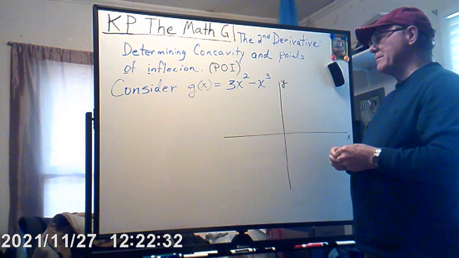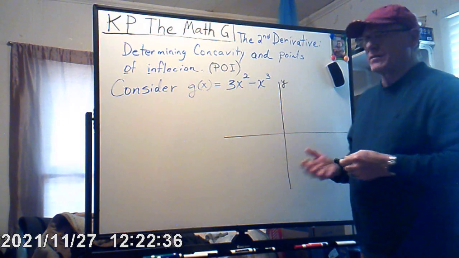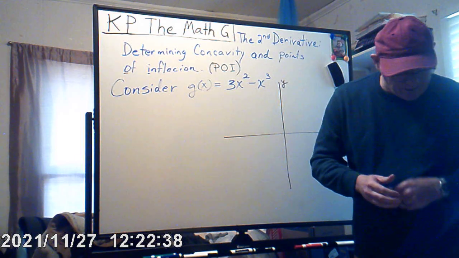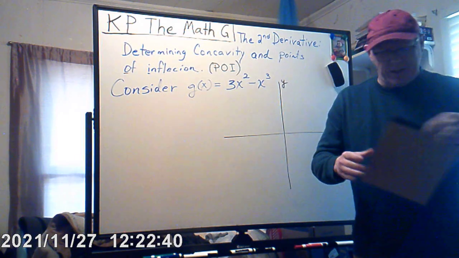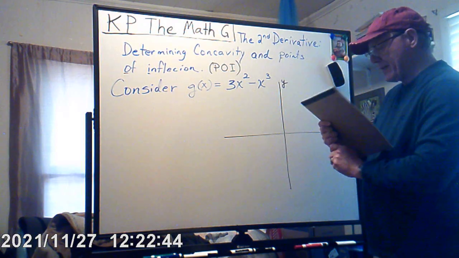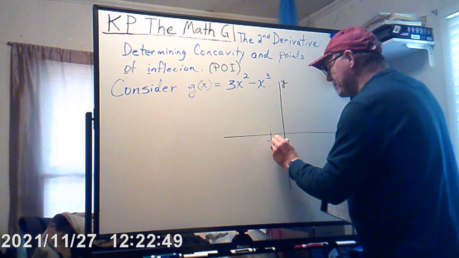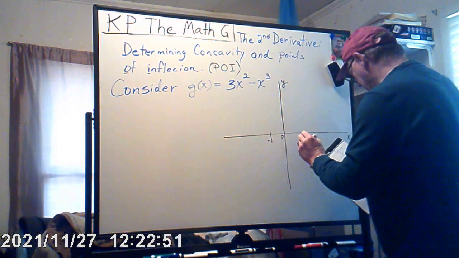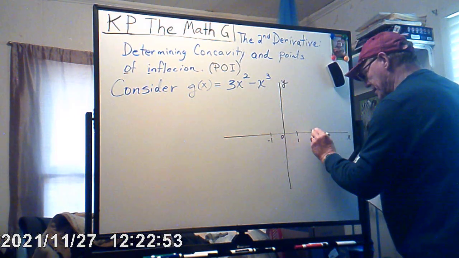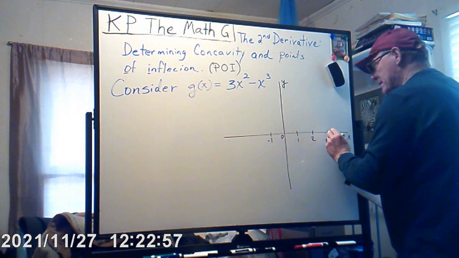There are ways that we can just test this without drawing the graph, but I like to get a little picture of this. The graph of it looks something like this. I'm just going to put down -1, 0, 1, 2, and 3 here.